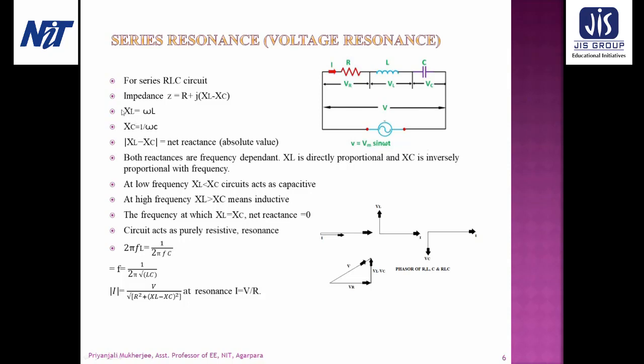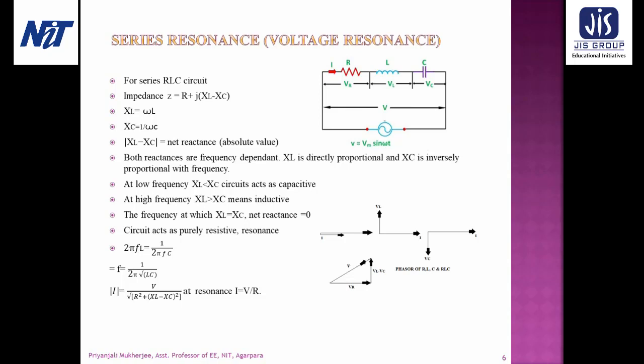Now, from these equations, XL equal to 2 pi FL and XC equal to 1 by 2 pi FC, we can say that both reactances are frequency dependent. The inductive reactance XL is directly proportional to the frequency, whereas the capacitive reactance is inversely proportional to the frequency.